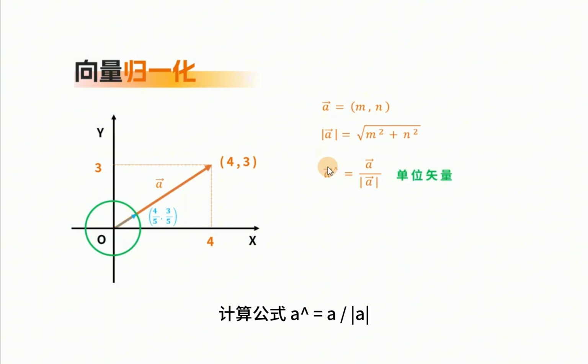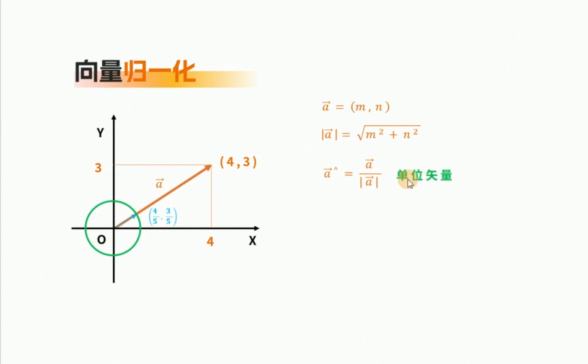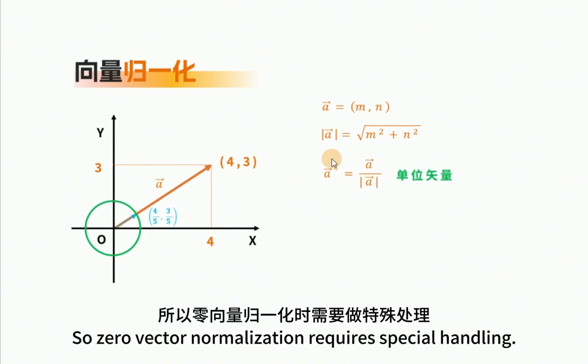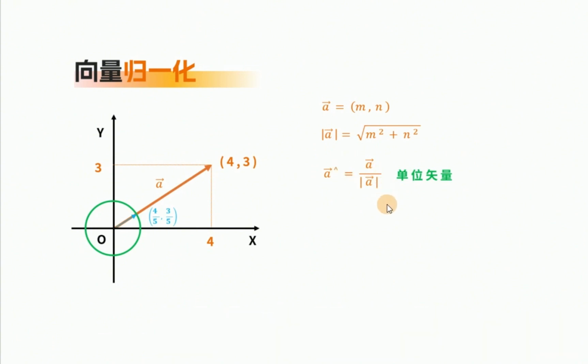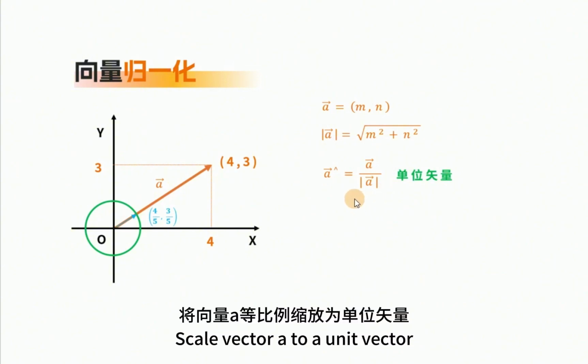Through this formula, you will also find that because the modulus of the zero vector is 0, zero vector normalization requires special handling. The meaning of normalization is to scale vector A to a unit vector.